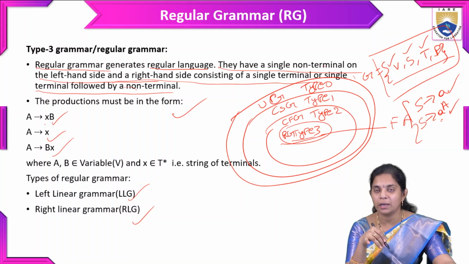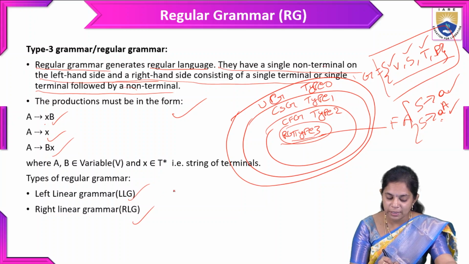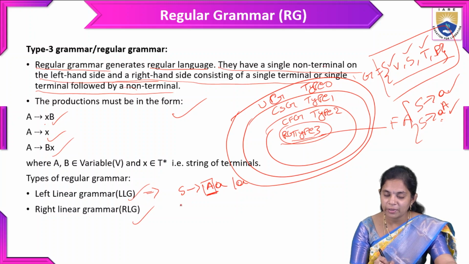Let me write the examples of this left linear grammar. S tends to A, capital A, and a. If you observe, the non-terminal is on the left hand side. Whenever the non-terminal is on the left hand side, we can say that it is a left linear grammar. And like that, for right linear grammar, S tends to, same example, we will write it here like this.